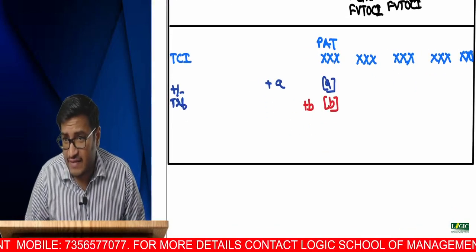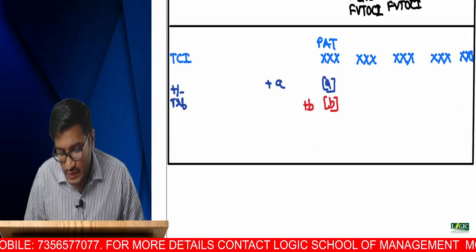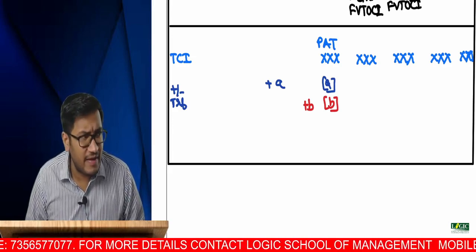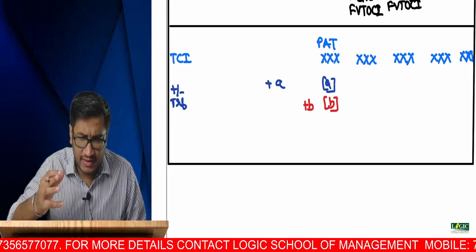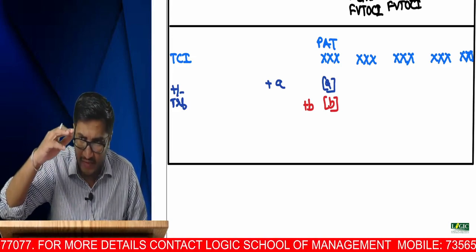If there are any reclassification adjustments required, then if the item is reclassifiable, you would have seen that in the P&L itself, OCI would have reduced and the P&L would have increased.